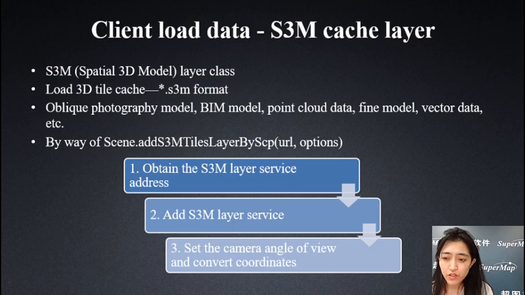It's mainly to load our 3D tile cache, the S3M layer, in the .s3m format. For the data, we can use this method to add the oblique photography model, BIM, point cloud data, refined models, vector data, and so on.